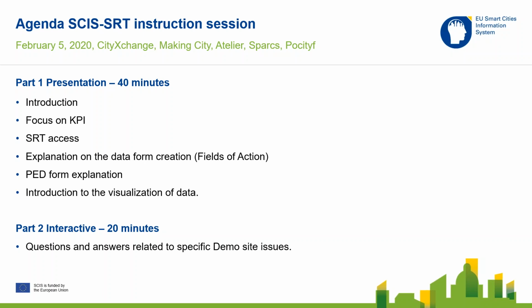We then focus on the KPI. Recently there were many questions from the newer projects about KPI development. Many projects decide on their KPI at the beginning of the project and on how to monitor them. So I will briefly go into the way of working of SCIS regarding the KPI.